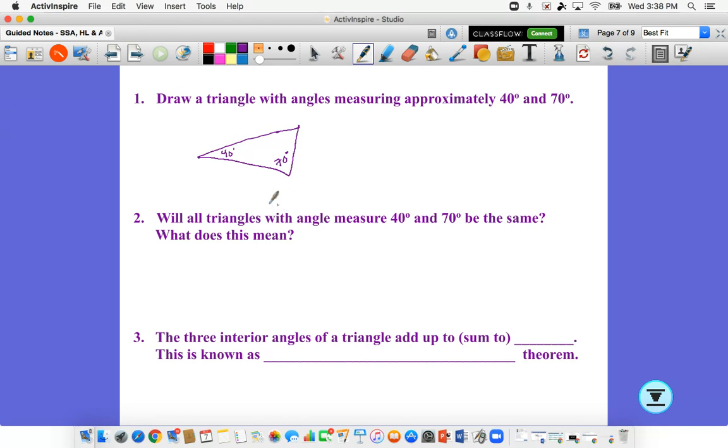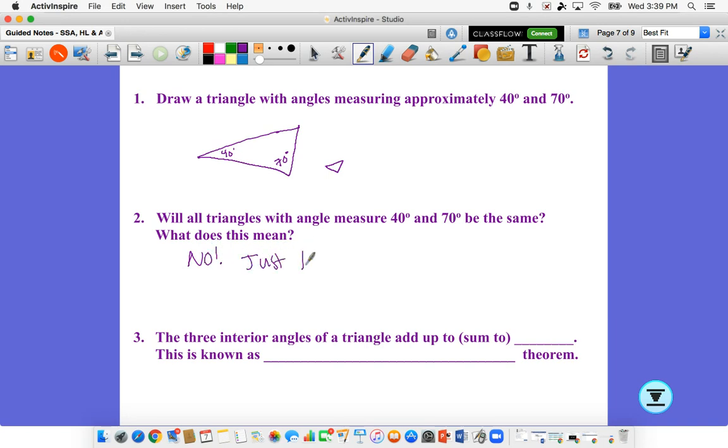Do you think that's what's on your friend's triangle? Or Miss Warren's or Mr. Wong's or Miss Lovelace's triangle? I don't think we all have the same triangle. Mine could be 40 and 70, and mine's tiny. So will all triangles with angle measures 40 and 70 be the same? No. What does that mean?